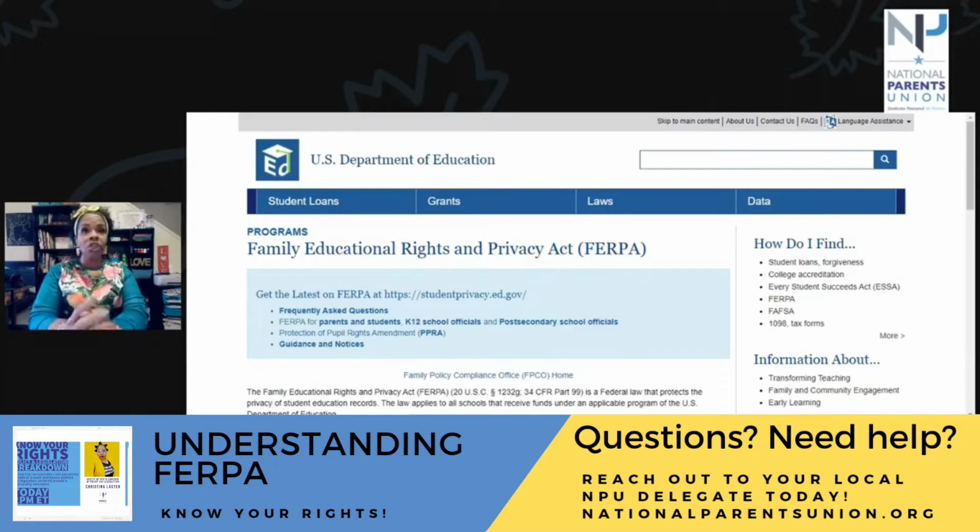So what is a third party? For purposes of FERPA, a third party is an individual or organization other than the student or the parent. That means us, right? With respect to third parties, even if the initial disclosure of protected information is permissible, FERPA limits the subsequent disclosure of the information by the third party.